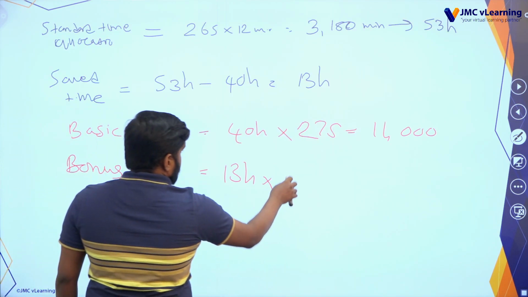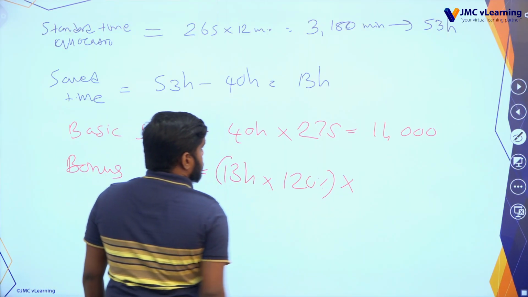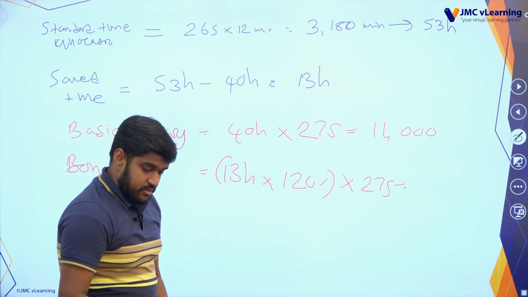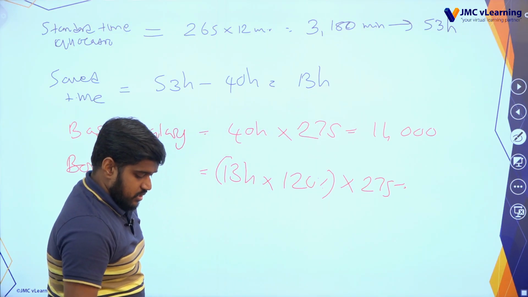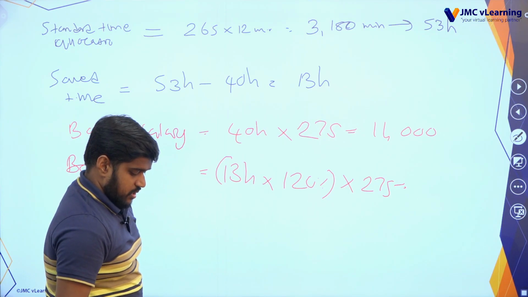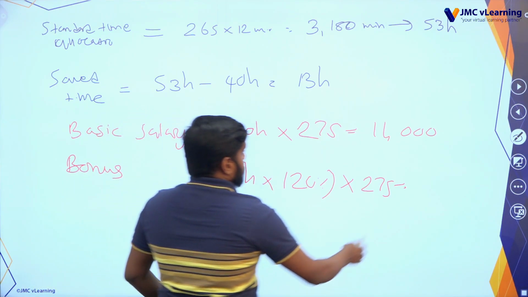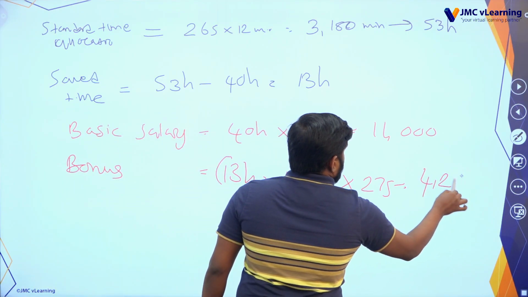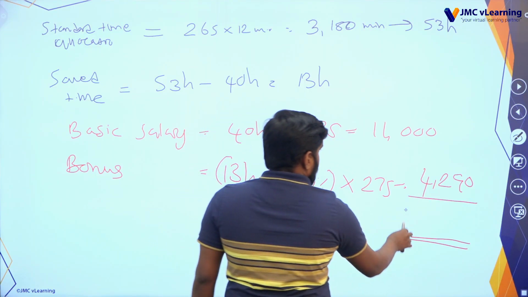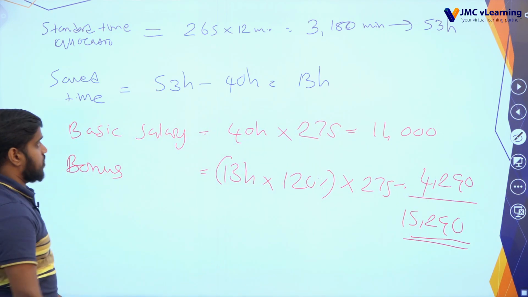Therefore, we multiply 13 hours by 120%, and again multiply it by the standard rate of 275. Then we get 4,290 as his bonus payment. Then the total earning is 15,290.